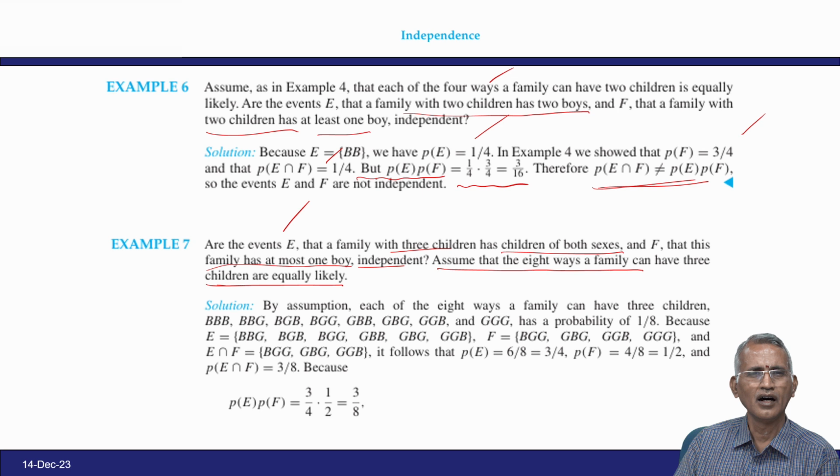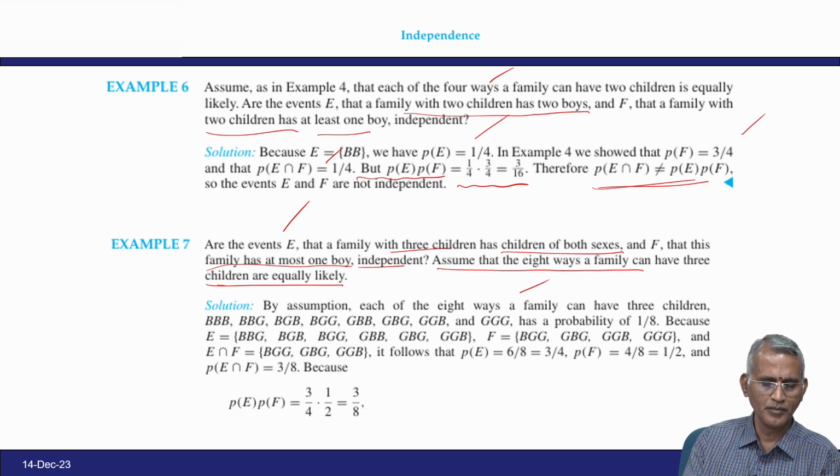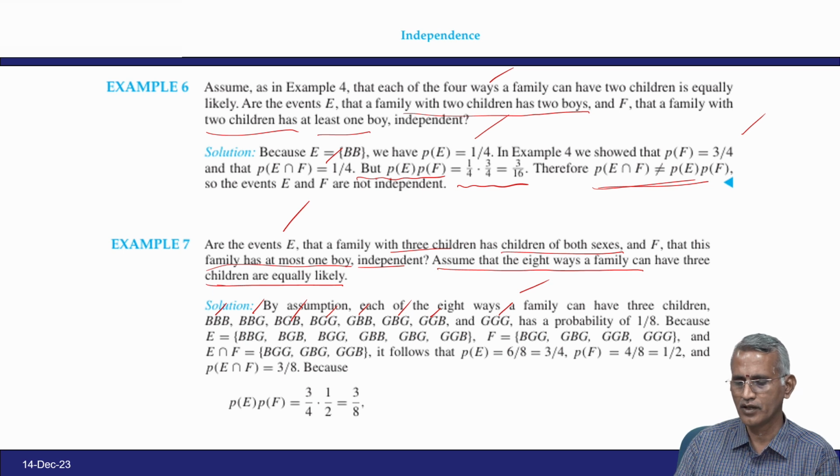Now, we have to find the solution to this problem with the help of the assumption that each of the 8 ways a family can have 3 children, namely BBB, BBG, BGB, BGG, GBB, GBG, GGB and GGG, has a probability of 1 by 8.